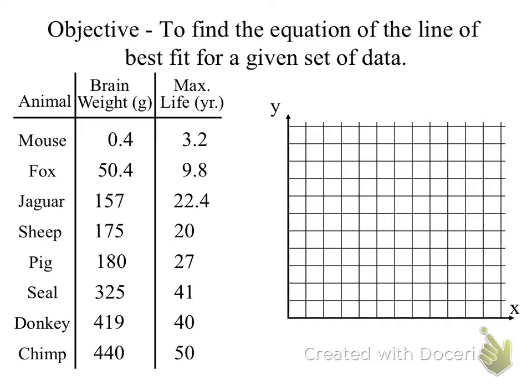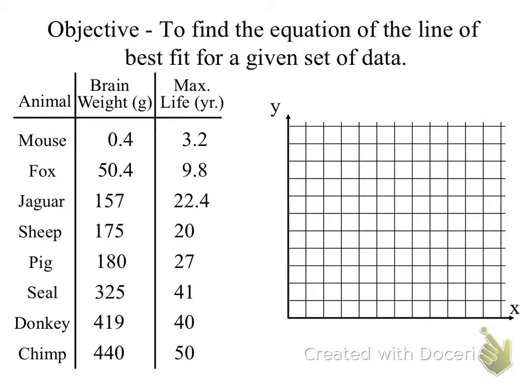Now, once you determine what's dependent, that becomes your y. So what did we just say is the depender? Life depends on the size of your brain, lifespan. So the lifespan, since that's the depender, is going to be your y.